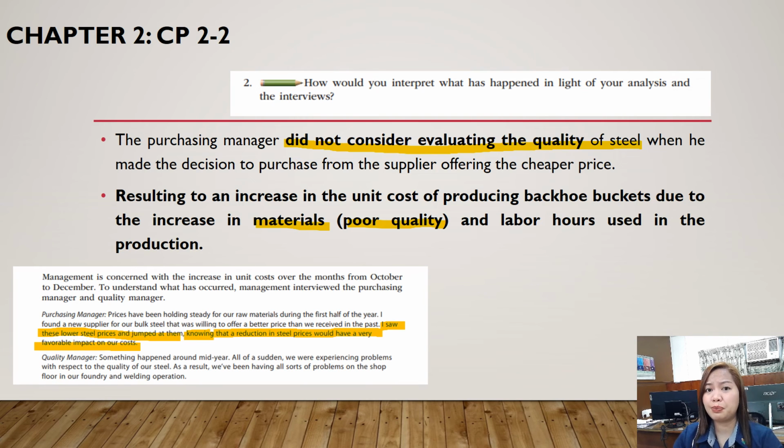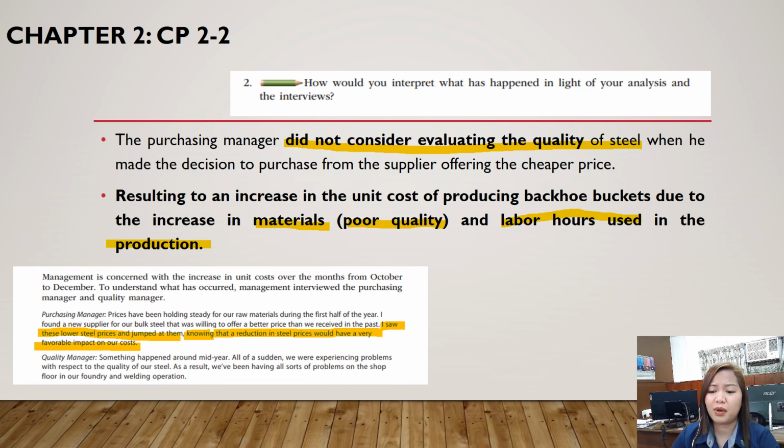Thus, the laborers spent more hours doing foundry and welding work, resulting also in an increase in the labor hours used in the production. So based on the case, it's a lesson learned for the purchasing manager not just to jump on lower or cheaper raw materials, but also to consider the quality of the said materials because it can impact the production process.